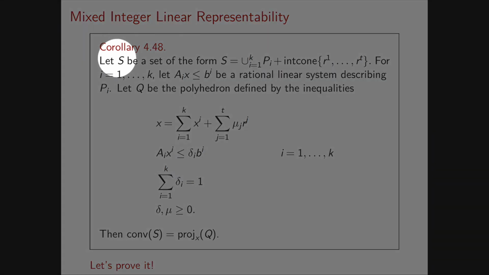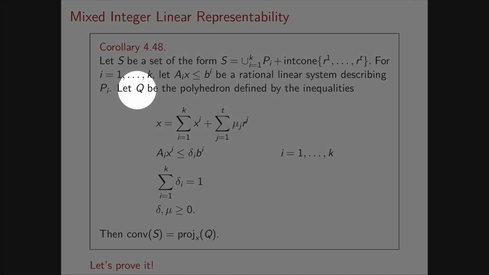So let S be a set that is mixed integer linear representable, which means that it can be written in this form. So as the union of finitely many rational polytopes plus the integer cone of finitely many integer vectors. And now let's say that Pi is described by the system AiX less than or equal to Bi.